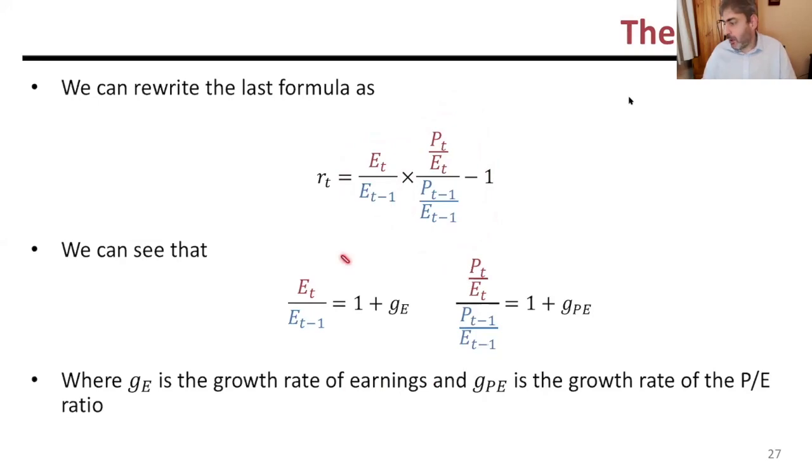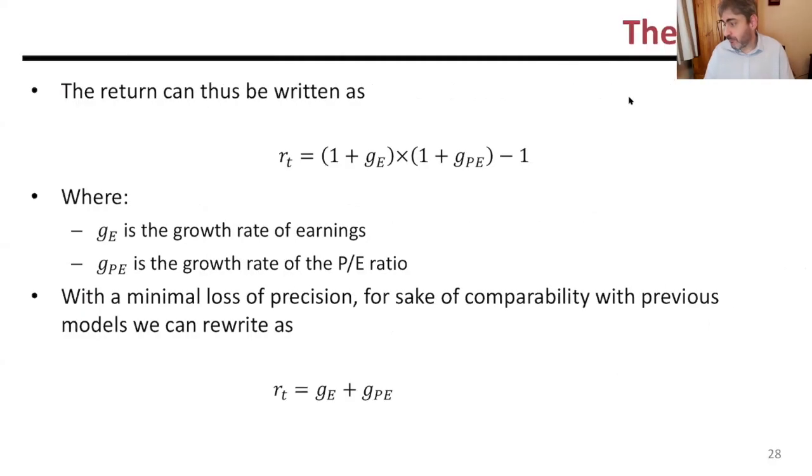Now we can remember that E_t divided by E_{t-1} is 1 plus the growth rate of earnings, and the price-earnings ratio at t divided by the price-earnings ratio at t minus 1 is equal to 1 plus the growth rate of the price-earnings ratio. So we put everything together and say: the return of the stock at time t, the change in price, is equal to 1 plus the growth rate of earnings, times 1 plus the growth rate of price-earnings, minus 1.